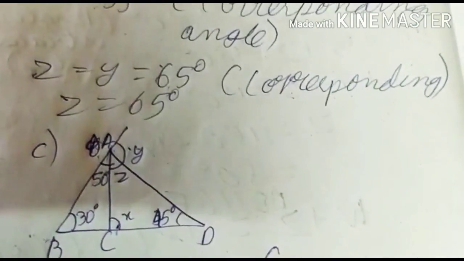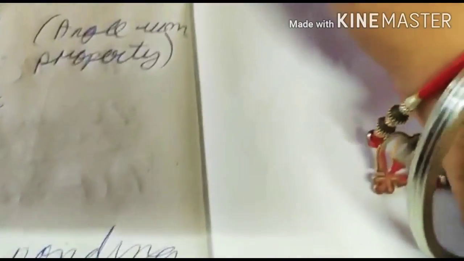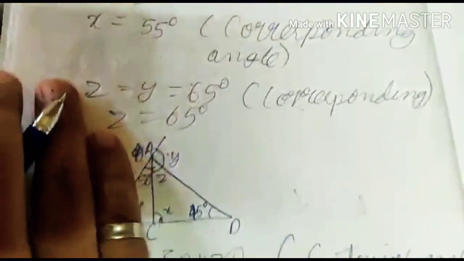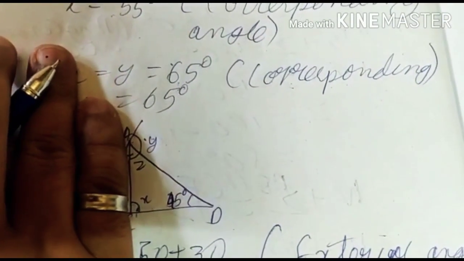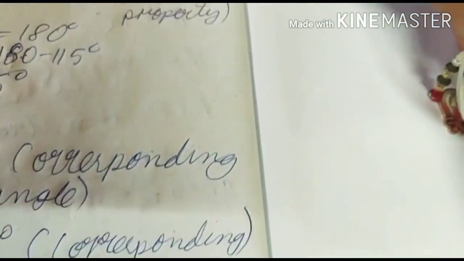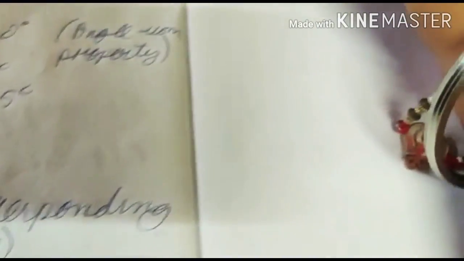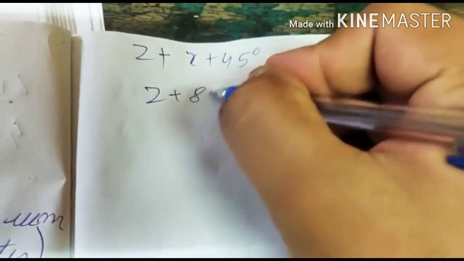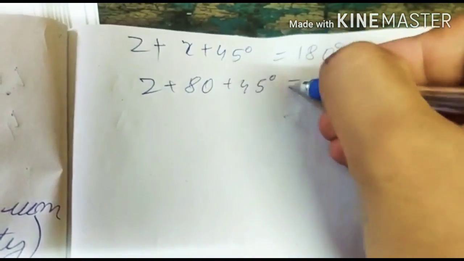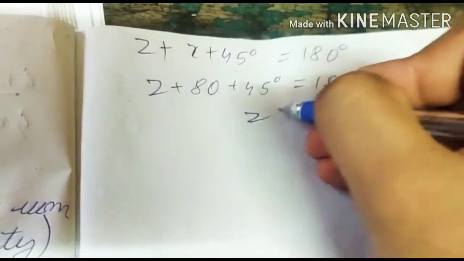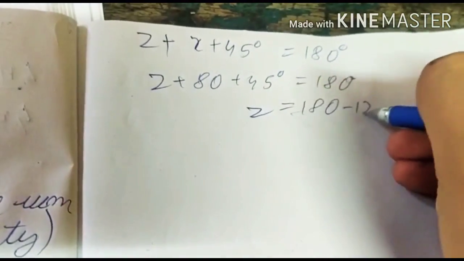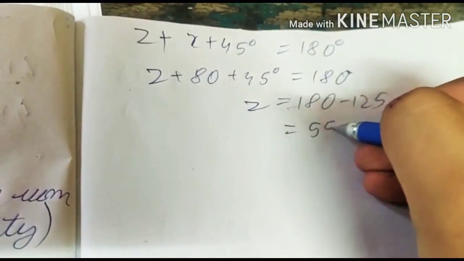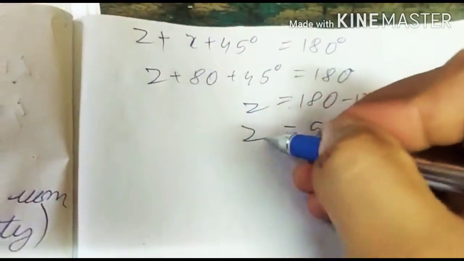Here angle A is Z, angle C is X plus 45 degree, equals 180 degree. Here X was equal to 80 degree, so Z plus 80 plus 45 degree equals 180 degree. So Z equals 180 minus 125 equals 55 degree. It's the value of Z.